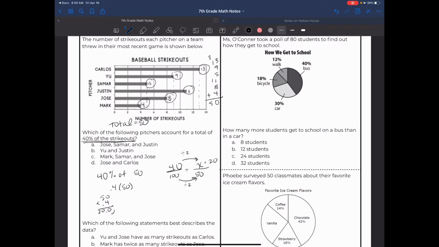So let's look at Jose, Samar, and Justin. So Jose was 5 plus 9 is 14 plus Justin, 11. Does that equal 20? No. So I know A is not my answer.